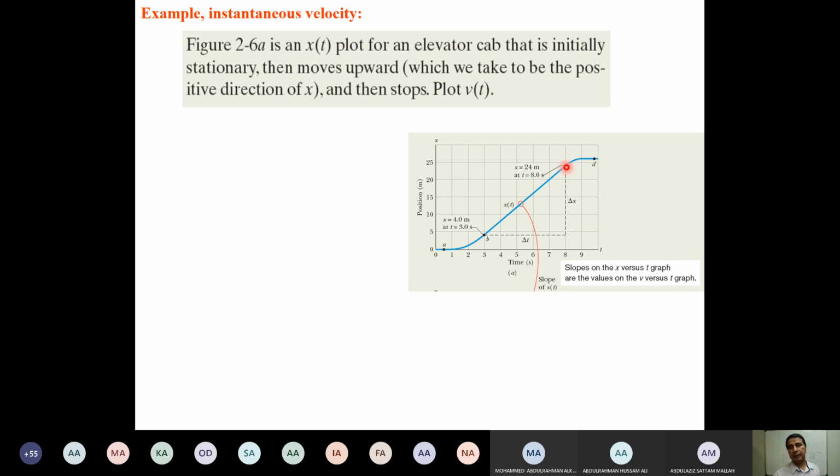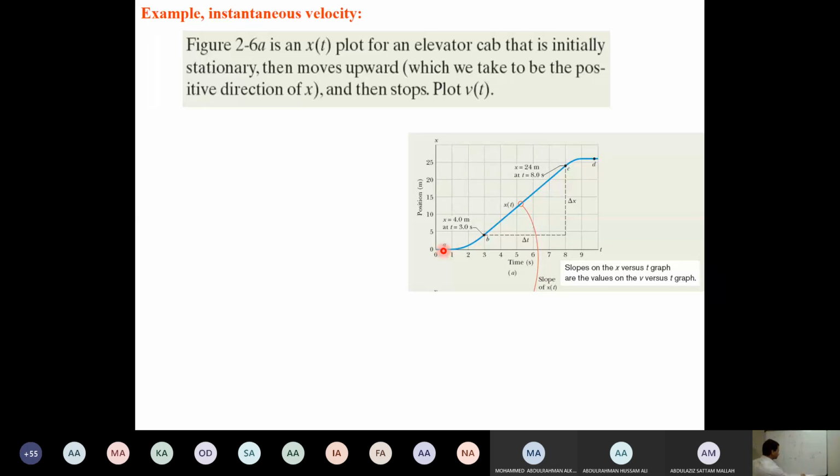Then with each passing interval of time, the elevator covers less distance, which is inclined like this, okay? So we definitely know that the elevator is at rest here and here, which means the velocity is 0 at these two ends.